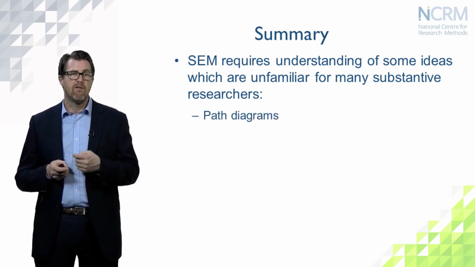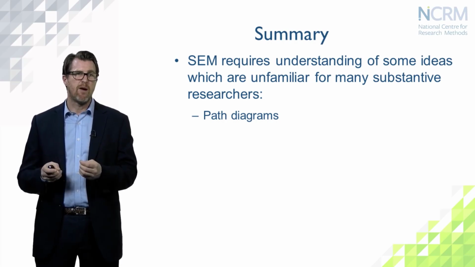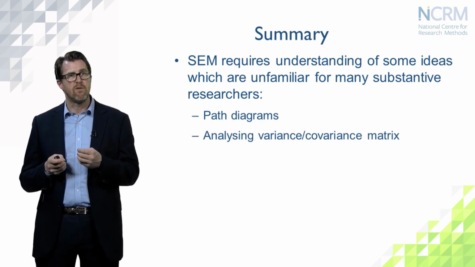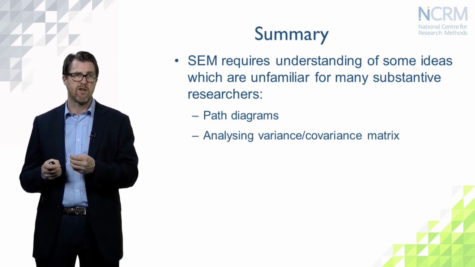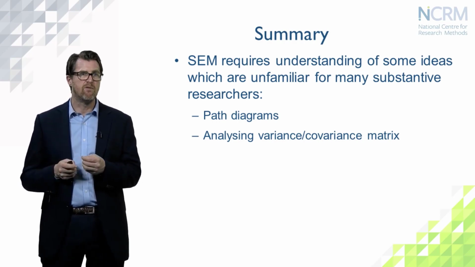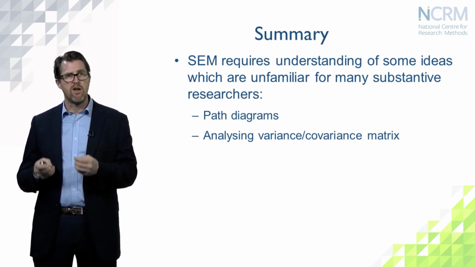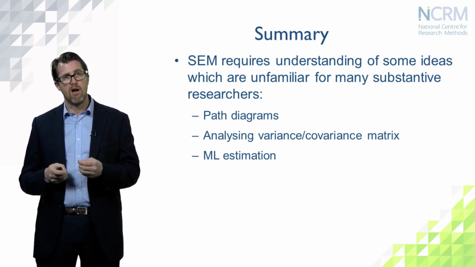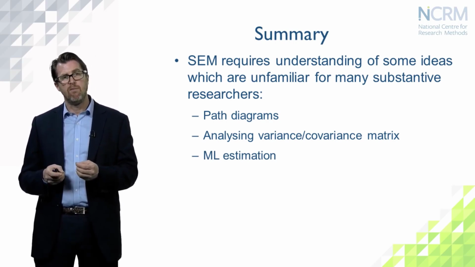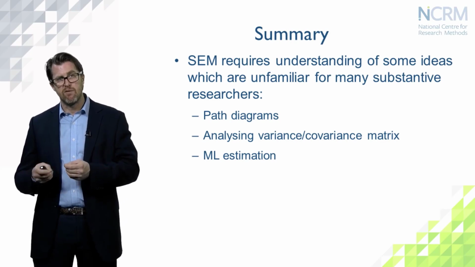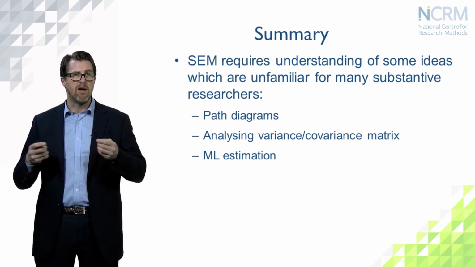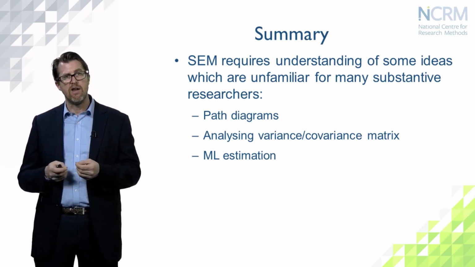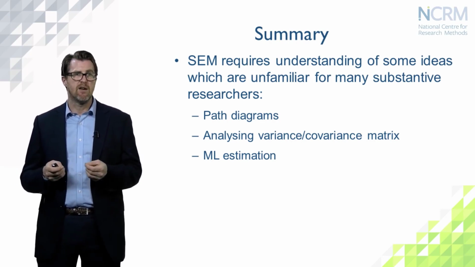These are focused around the use of path diagrams for representing our theories and our equations, the fact that we analyse the variance-covariance matrix of the observed variables rather than the raw data, that we use for the most part maximum likelihood estimation, which has some quite restrictive assumptions about multivariate normality, but nonetheless is a very useful estimator.